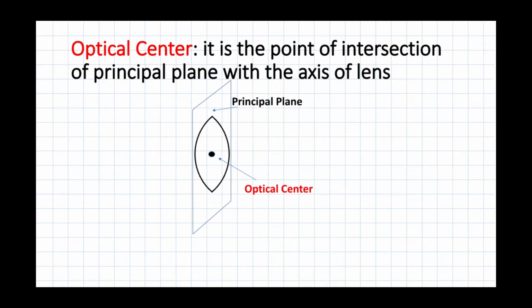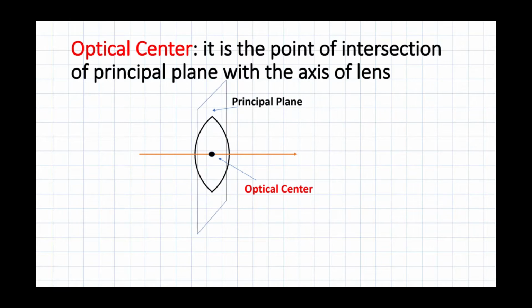Okay. Here, remember that the optical center is the point of intersection of the principal plane with the axis of the lens. Here we saw the lens, here it is the optical center, and the line passing through this is called the optical axis. Now we are talking about the optical center.